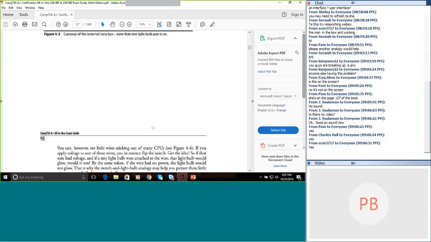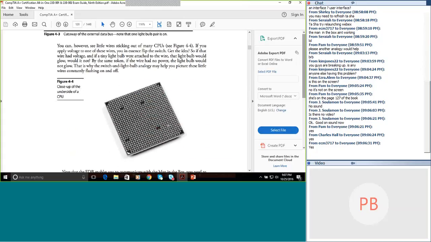So it's the data bus, it's the system bus, and it's all about the different ways that the CPU communicates with the memory and with the IO ports, the input output. It's all about the transfer of information.